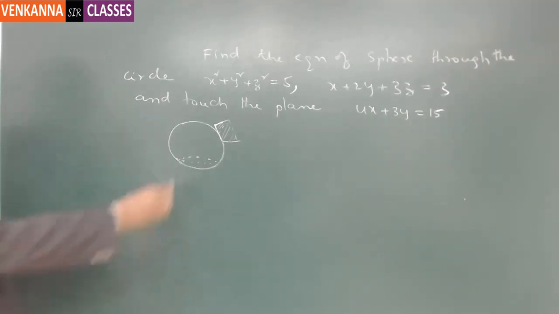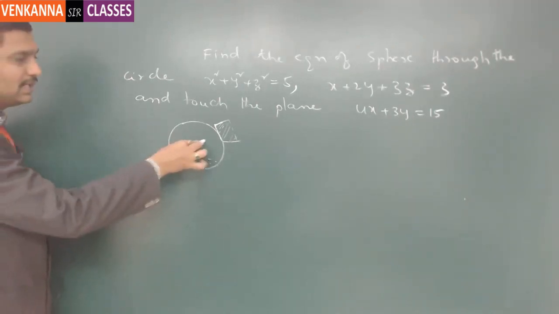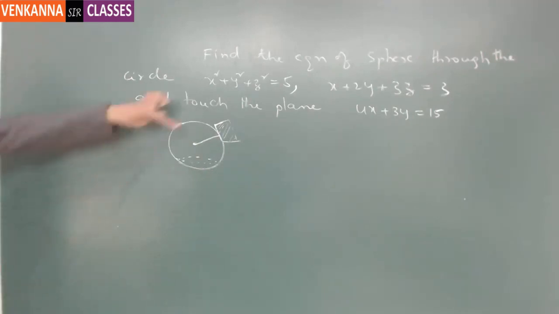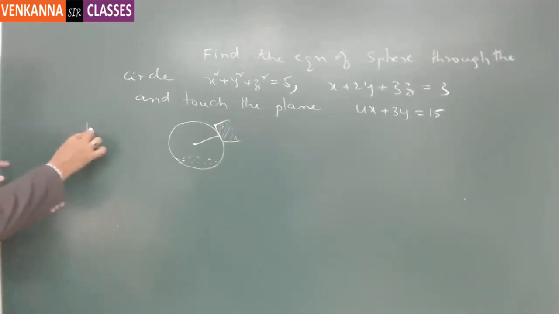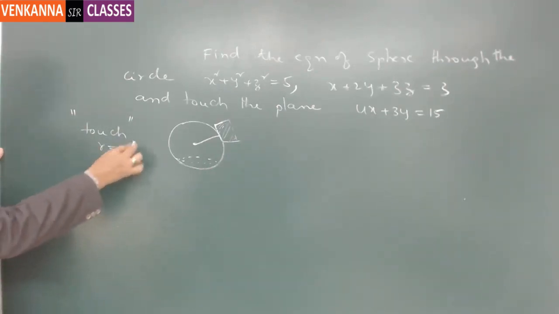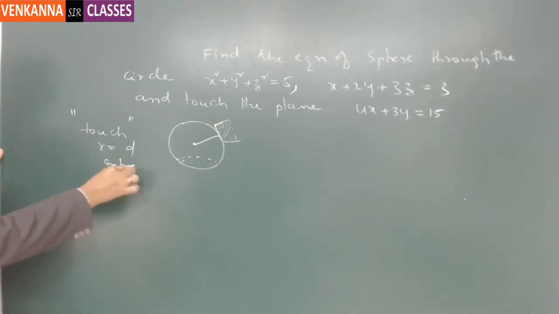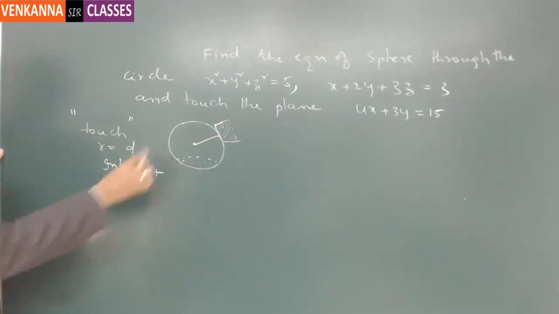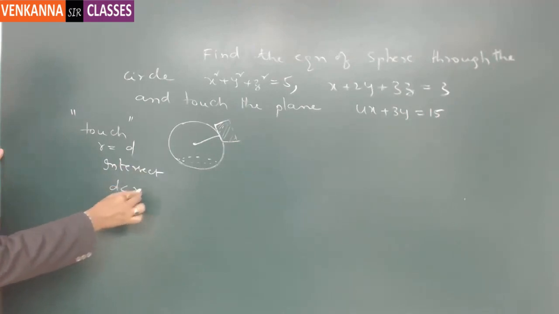Just imagine that if this is the center of our required sphere, you can observe that radius and distance are the same here. Accepted? Yes or no? Right. So if the sphere and plane just touch, then R is equal to D. Intersect, then distance is less than radius.